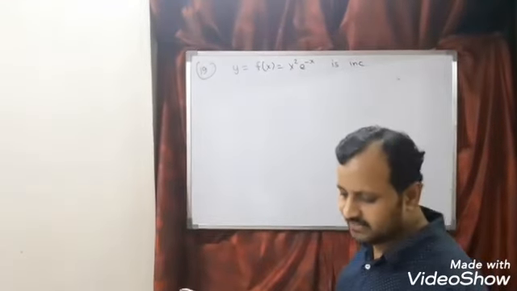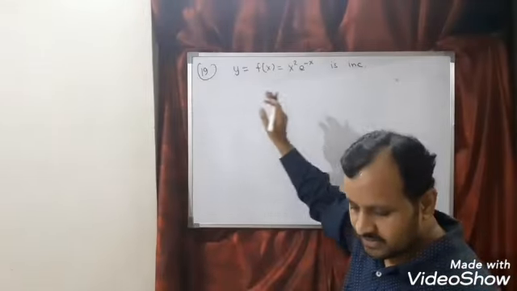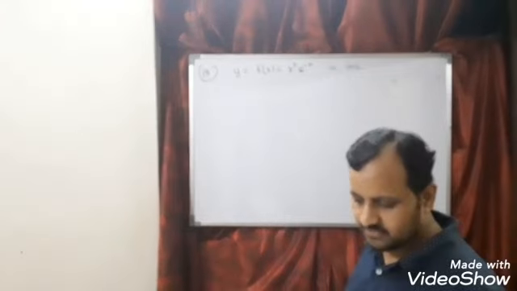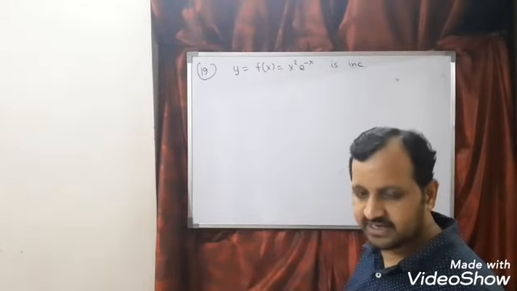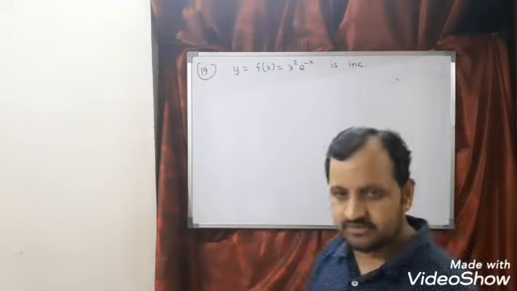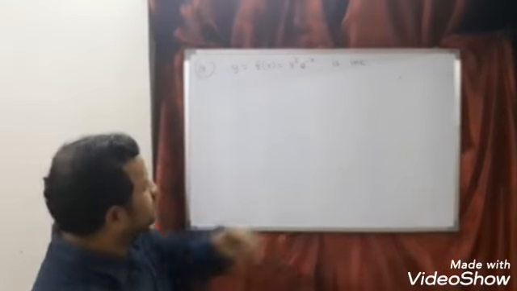The interval in which the function is increasing. They have given 4 options. So which option is correct, that we have to discuss. Let us see. So again f of x is given, apply the working rule.